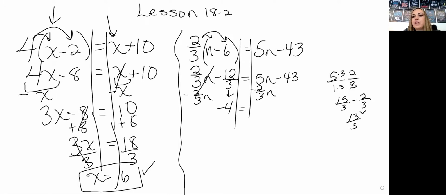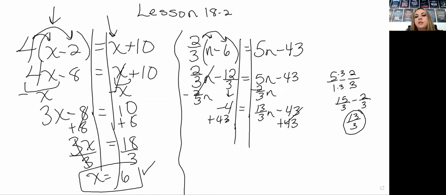So now that I have my answer for my coefficient when I subtracted 5 and 2/3, I'm going to write that over here, 13/3 n, and bring down the -43. Now we're going to add 43 to both sides. 39 equals 13/3 n.